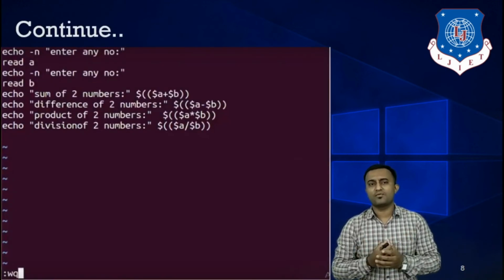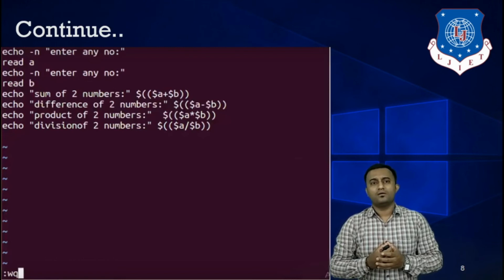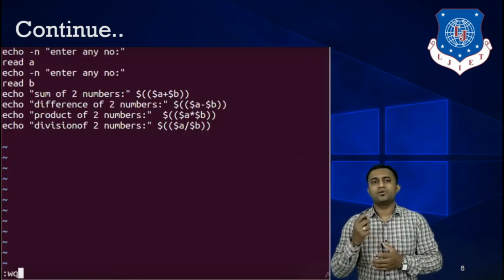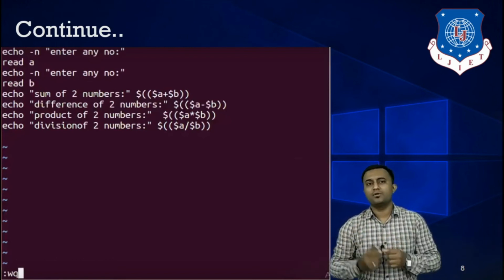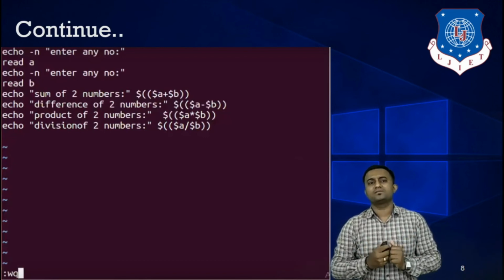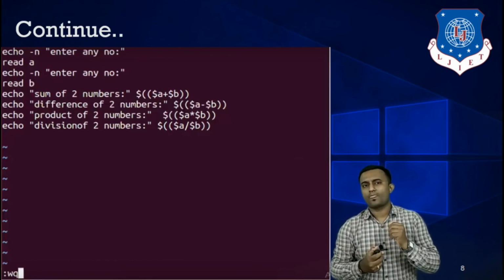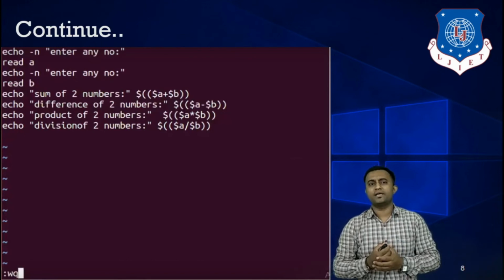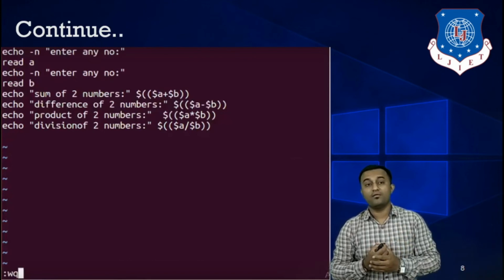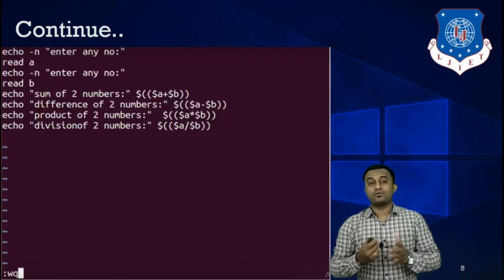The last program of the interactive category is nothing but echo -n enter any number, read a. These statements are the same. I want to insert two numbers at runtime. Then I have used four statements.